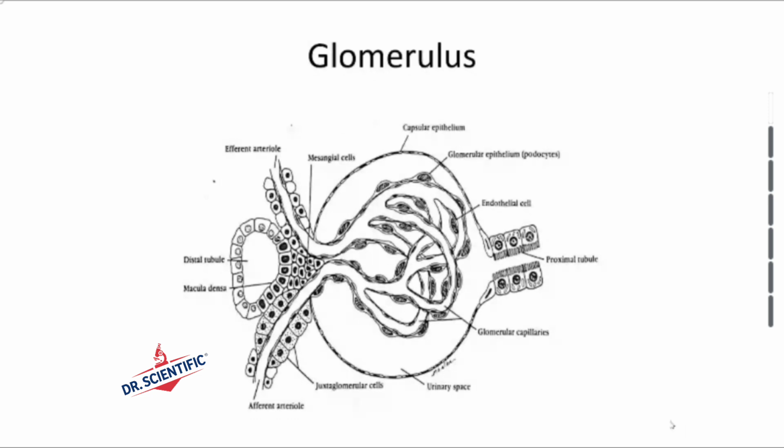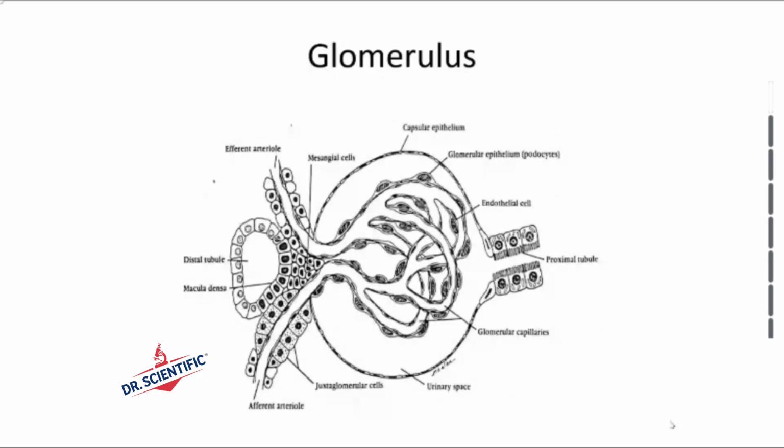Between the efferent and the afferent vessels, we have the mesangial cells. Then you can see the glomerular capillaries. So within the glomerulus, we have the capillaries, and that is where the filtration takes place into the urinary space, and then into the proximal convoluted tubule.